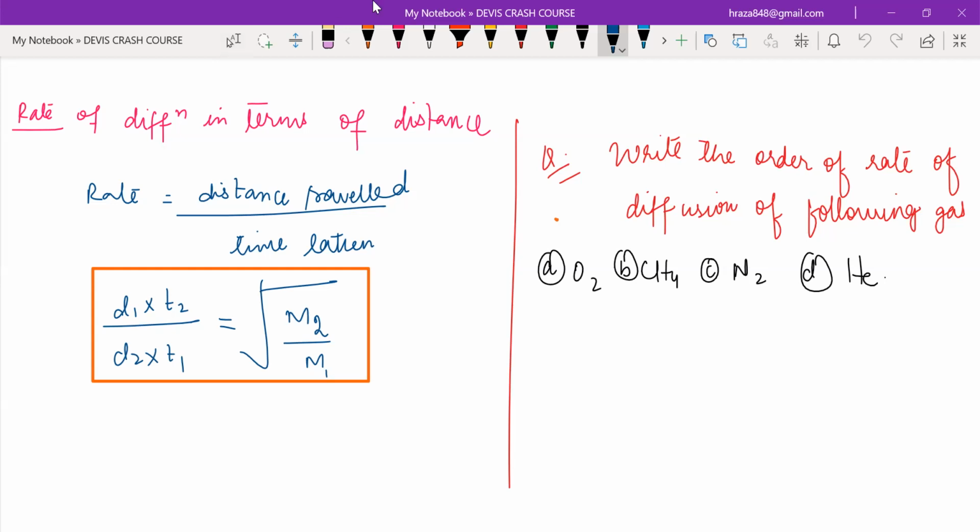It will be helium, then methane, then nitrogen, then oxygen. Very good. So it's quite easy, right?